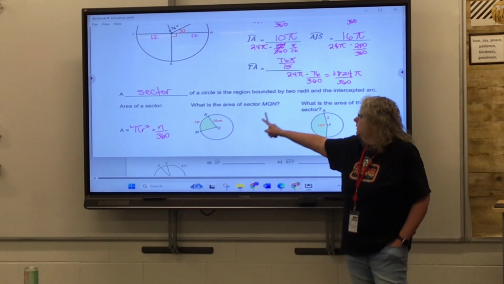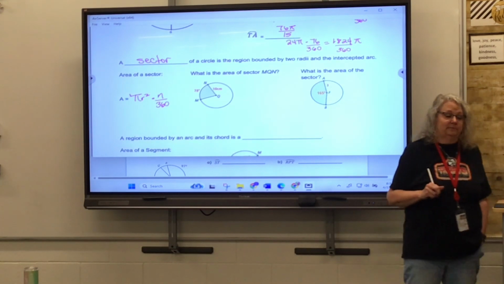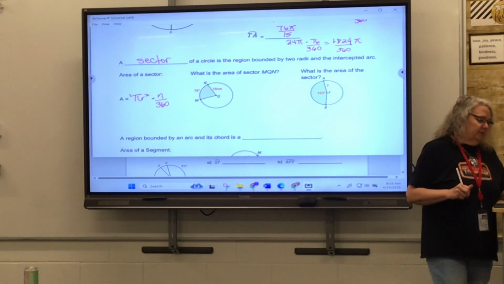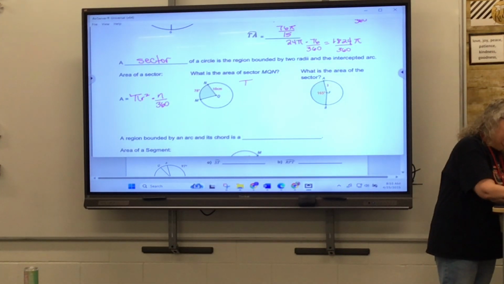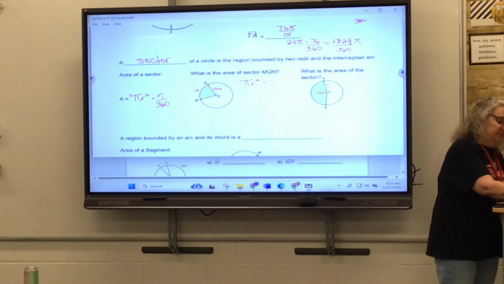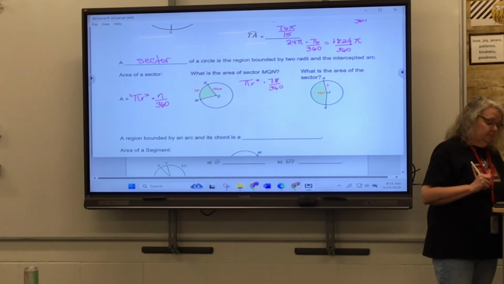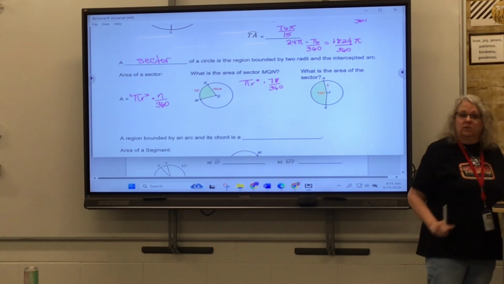Circumference is really hard to memorize. So, let's do this one. It's going to be pi r squared times 78 over 360. What's pi r squared?